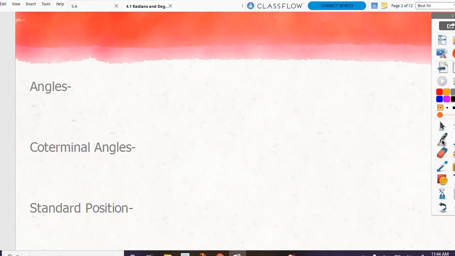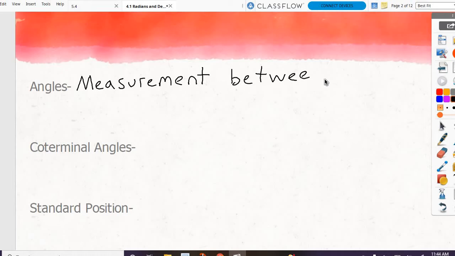So we're measuring, so the measurements between two what? They're not lines because lines go on forever. They're not segments because segments stop on both ends. Rays. They're rays.